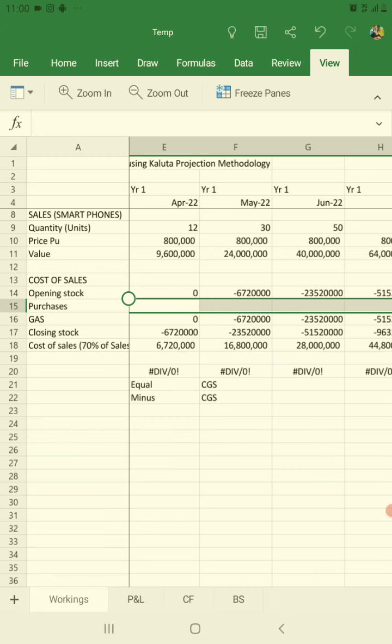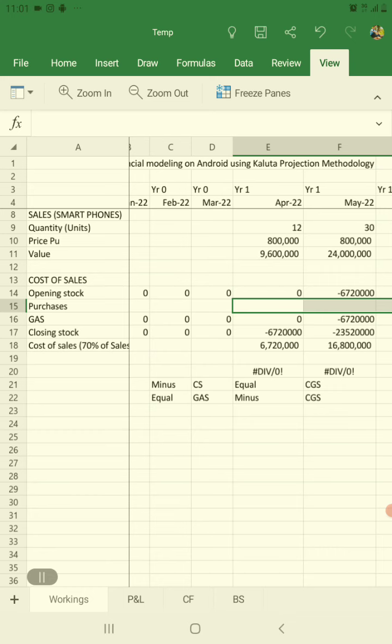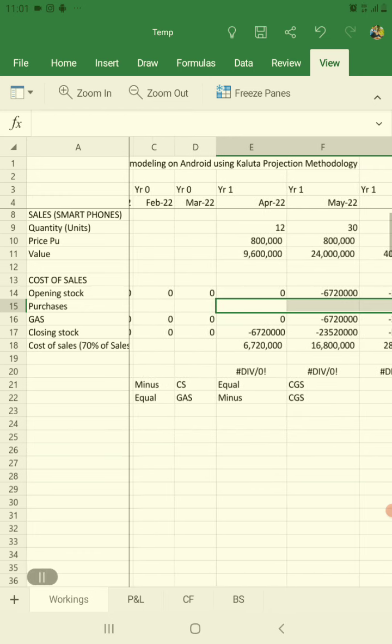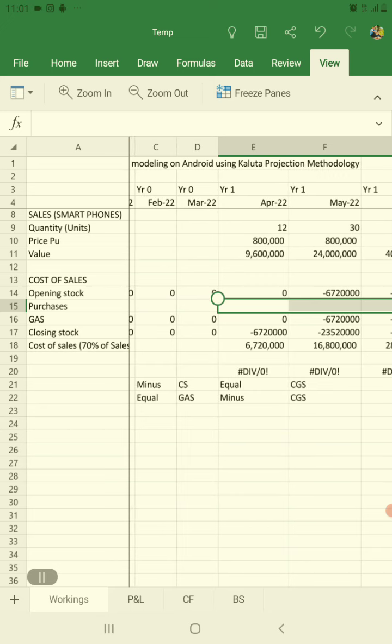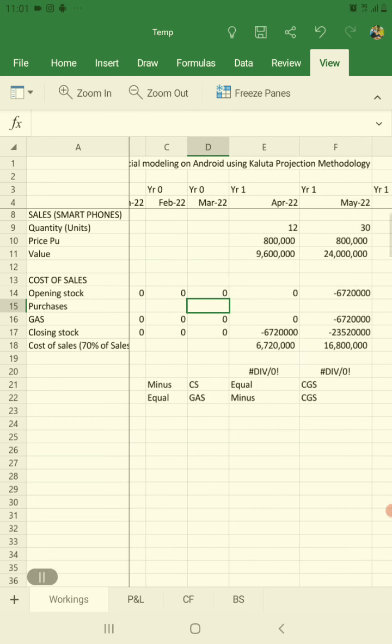Now, as I said, our sales are expected to start in April, and we have cost of sales. So if I expect to purchase after every 3 months, for April, I will have to say that here in March, the stock for April, May, and June should be there.